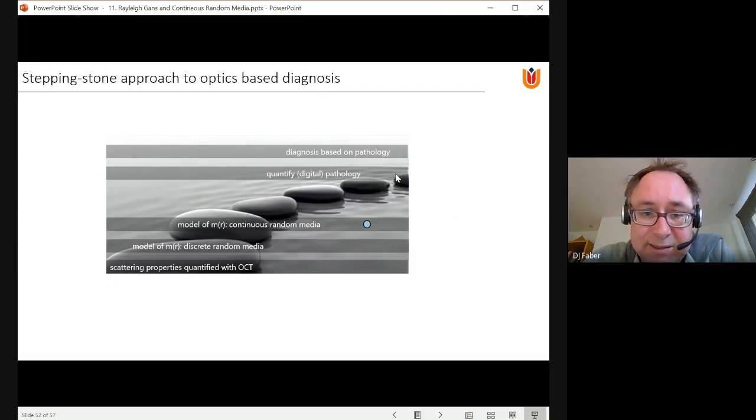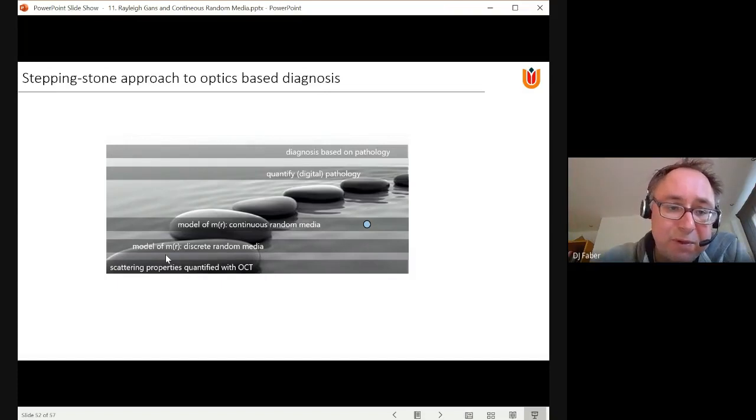So that is, let's say, on the reference side, and then on the optical side, we start out with the scattering properties that we quantify from, in this case, the OCT images, so the scattering coefficient, the absorption coefficient, and then to interpret that back into some kind of pathology, we need models for the light scattering, and that is what we have been doing in this course for the last couple of sessions.